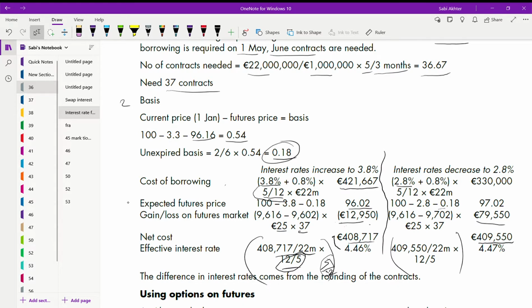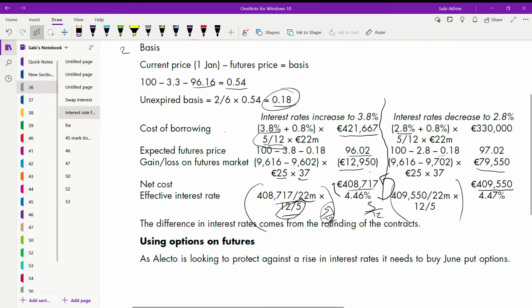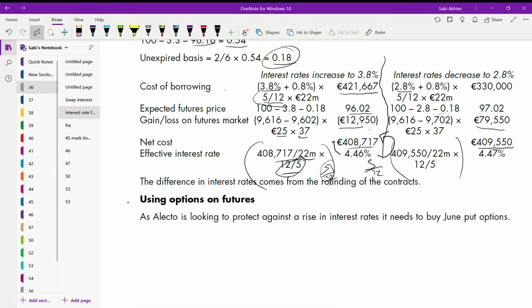If from interest you want to find the money terms, then it will be 5 over 12 only. And here the difference in interest rate comes from the rounding of the contracts. That means this and this should be the same, but there's a difference because we have rounded up the contracts. Now coming to option on future.